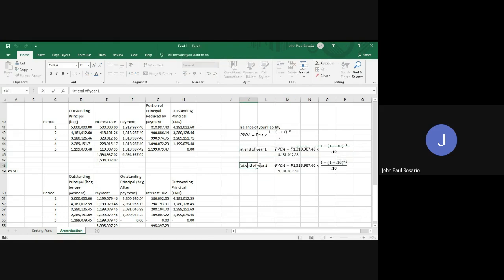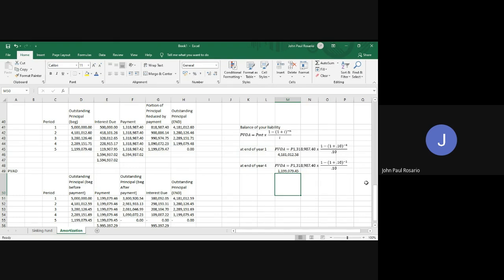So at the end of year 4, your balance should be, since only one period is left, negative 1. Okay, so 1,199,04,779.45. So it's only a small discrepancy.